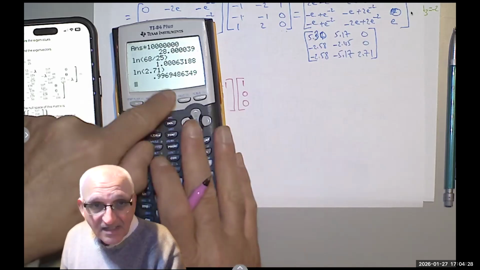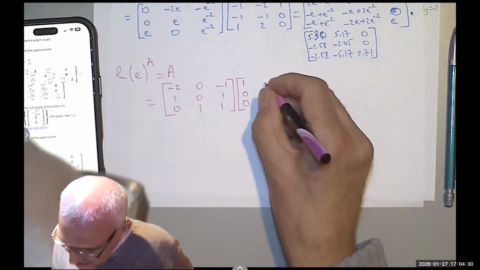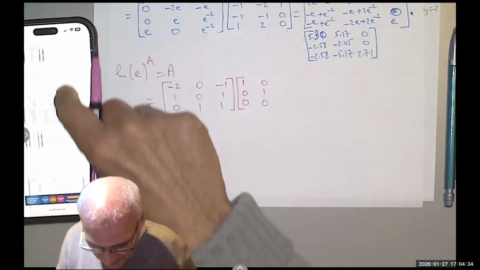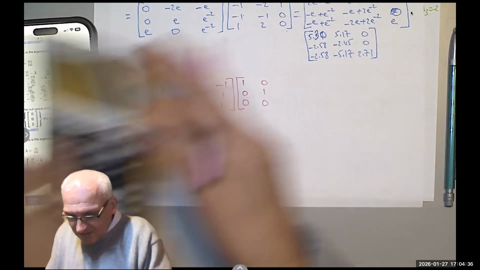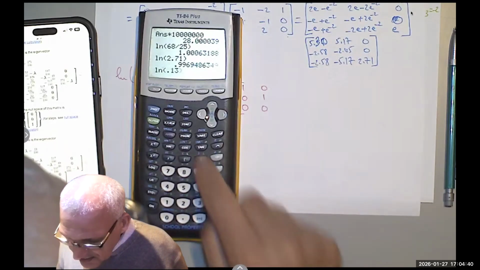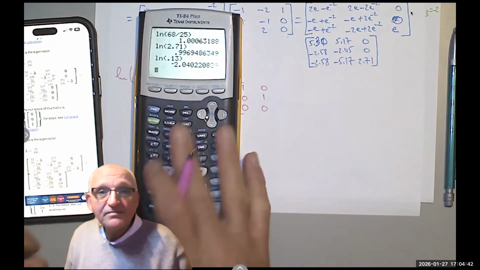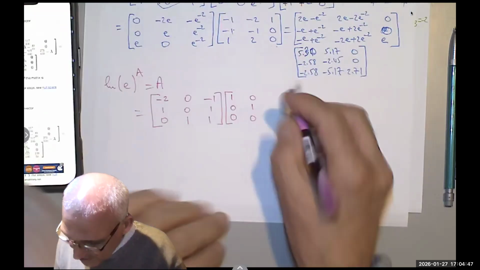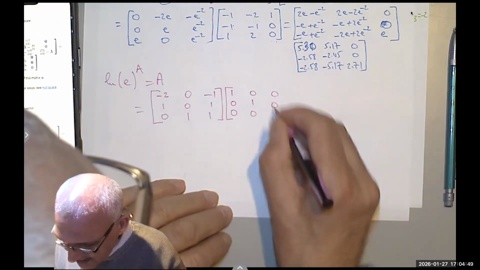You get 0.9967. So the second one is also 1. And the third one is 13 over 100. Natural log of 0.13 is negative 2. The same eigenvalues we had before: 1, 1, and negative 2.